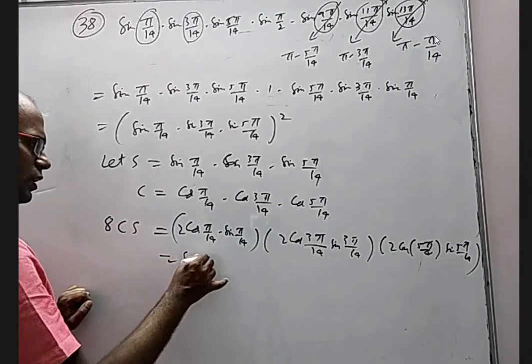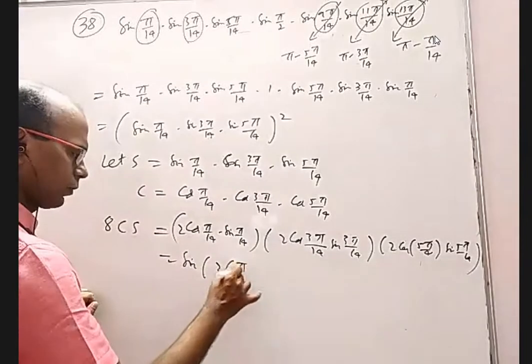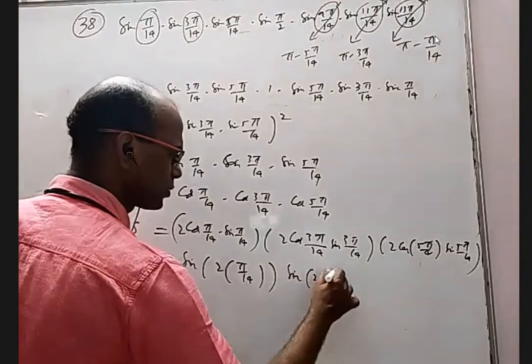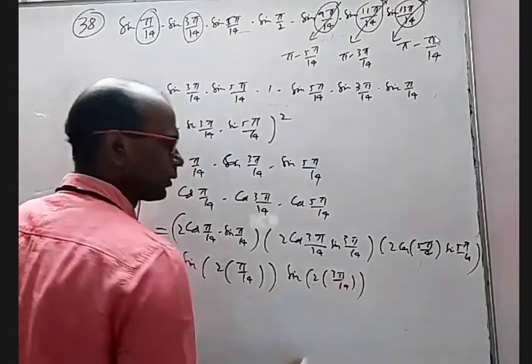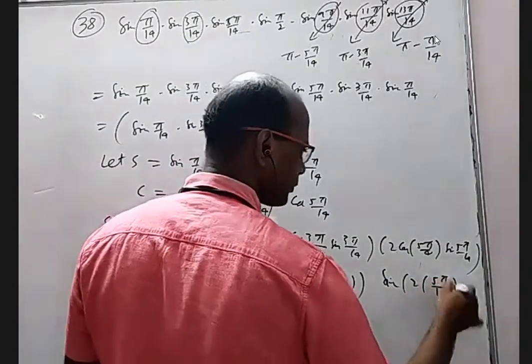So this is sin of 2 times pi by 14, which is pi by 7, and this is sin of 2 times 3 pi by 14, and this is sin of 2 times 5 pi by 14.